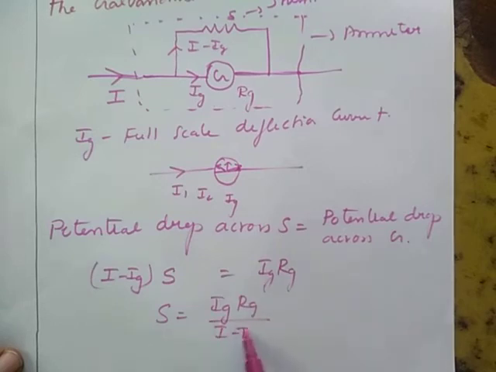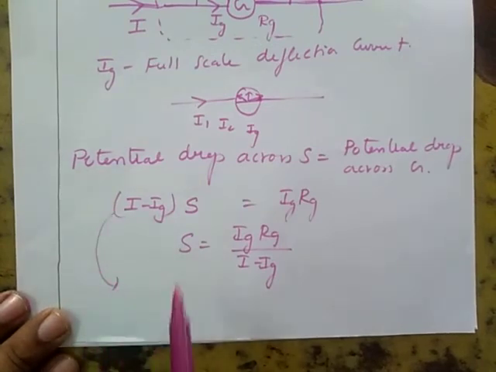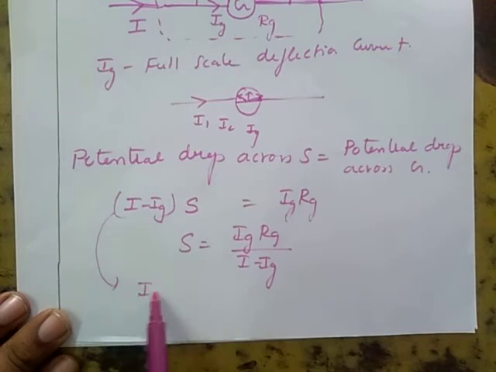In order to find the value of shunt resistance, we can say S is equal to Ig Rg by I minus Ig. Using the value of the full scale deflection current, the current in the circuit, and the galvanometer resistance, we can find the shunt resistance value. If we need the full scale deflection current value, then modify this equation. Multiply S with I minus Ig, we get Is minus Igs, that is equal to Ig Rg.